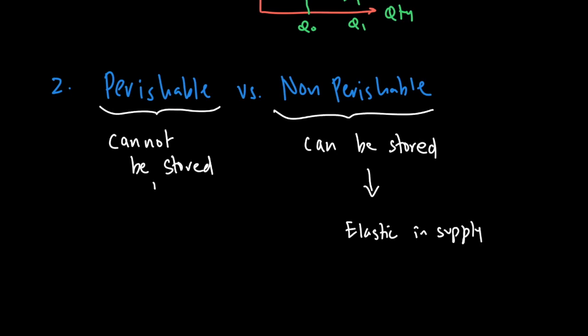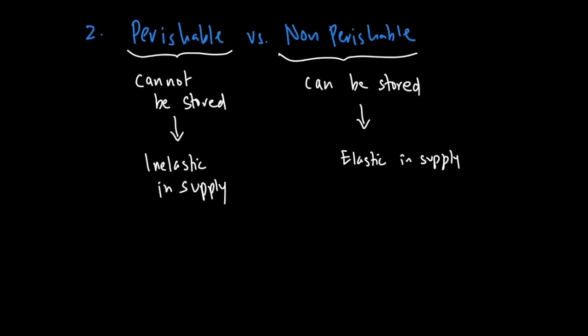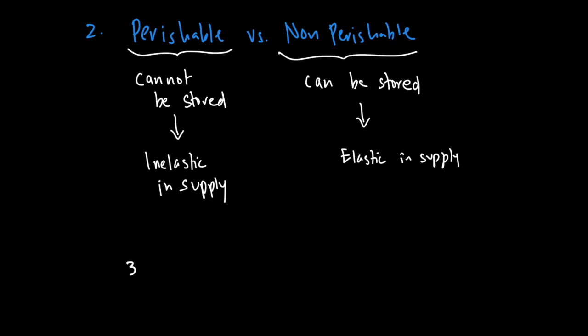And agricultural goods are examples of perishable goods which cannot be stored for long, and therefore they are inelastic in supply. In a way, it brings you to the same point that there's an inflexibility here because goods can't be stored. The third factor that affects elasticity is basically to do with time period.